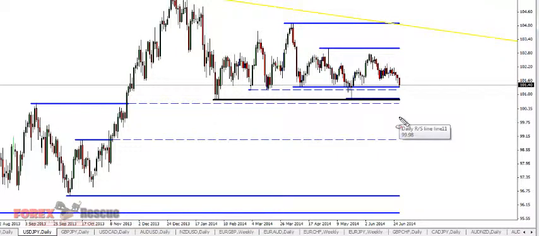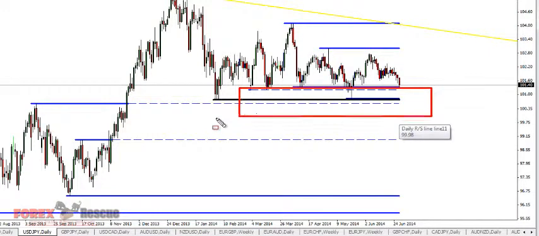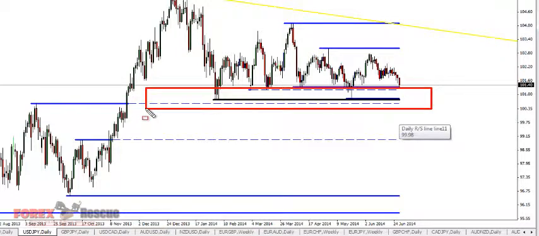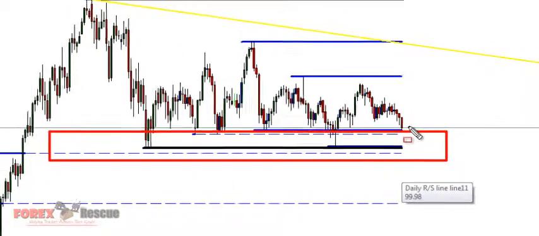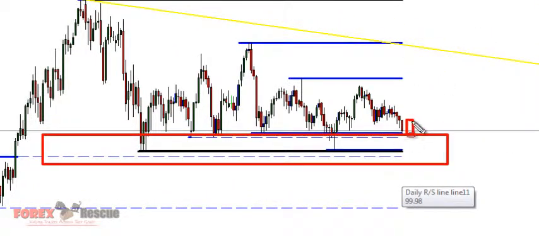So we'll be looking for a price action setup or harmonic setup around this zone here. This is where we'll be looking for a setup to go up. We're looking to take our bullish trade from here up.